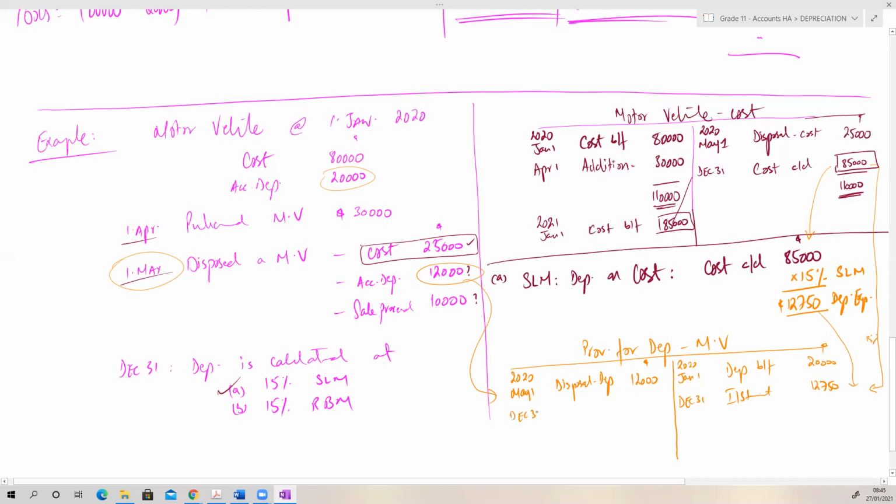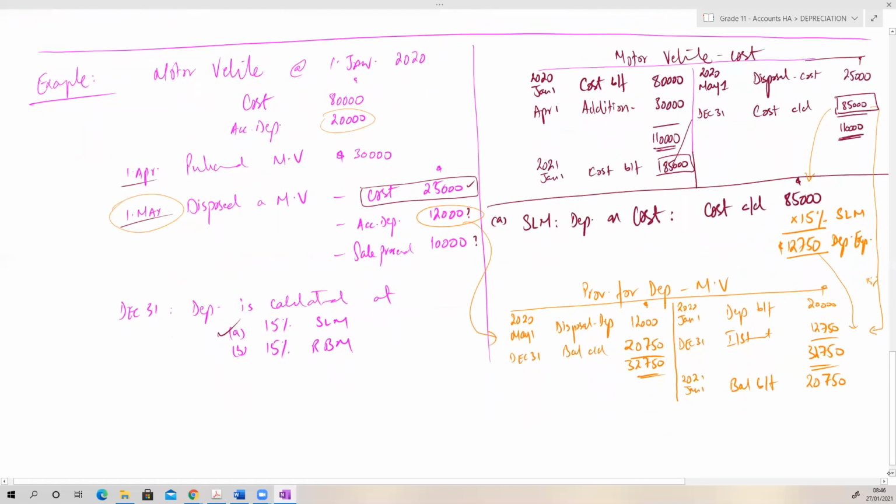So on December 31st, balance carried down: 32,750 minus 12,000, so 20,750. 2021 January 1st, balance brought forward 20,750. Okay. So this was the straight line method.